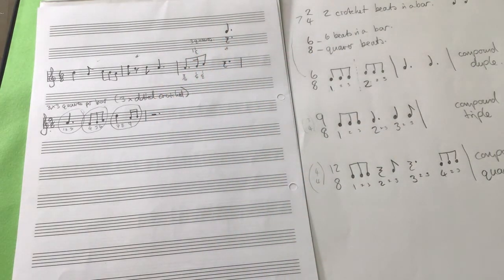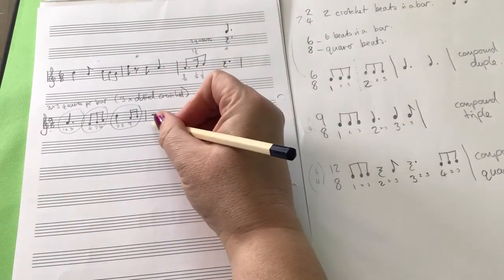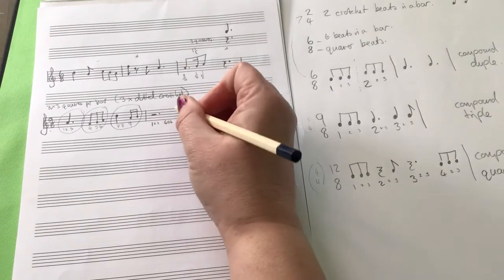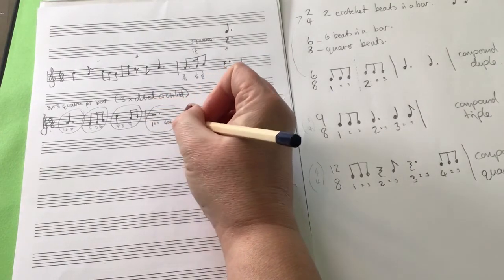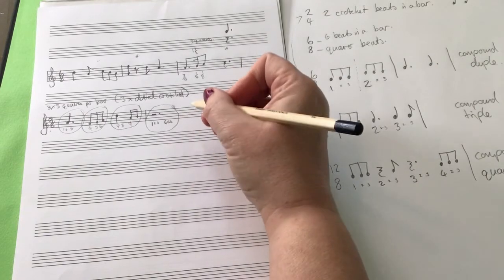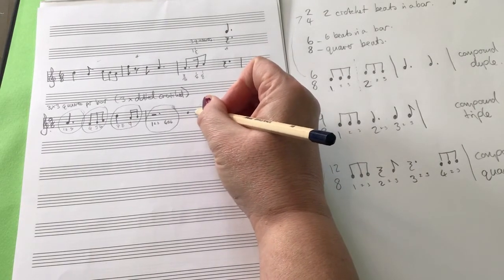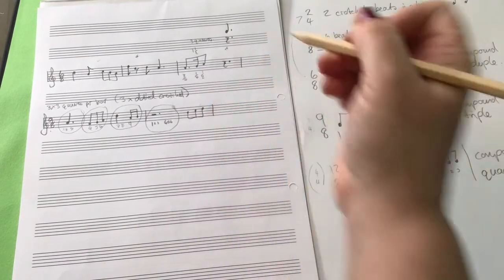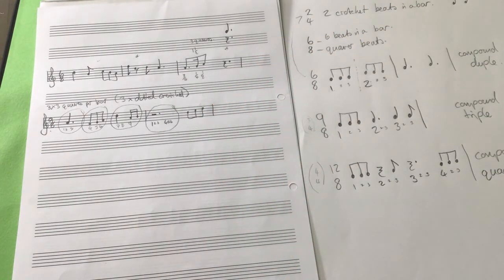Well, a dotted minim is worth 3 crotchets, which is the same as 2 times 1 1/2. So we've got 1, 2, 3, 4, 5, 6 just in that one rest. To complete that bar, I could just put 3 quavers, or I could put a dotted crotchet. That is now a complete bar.